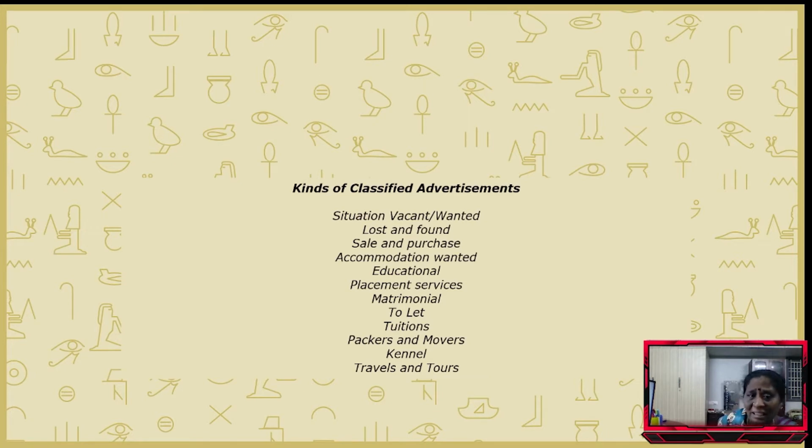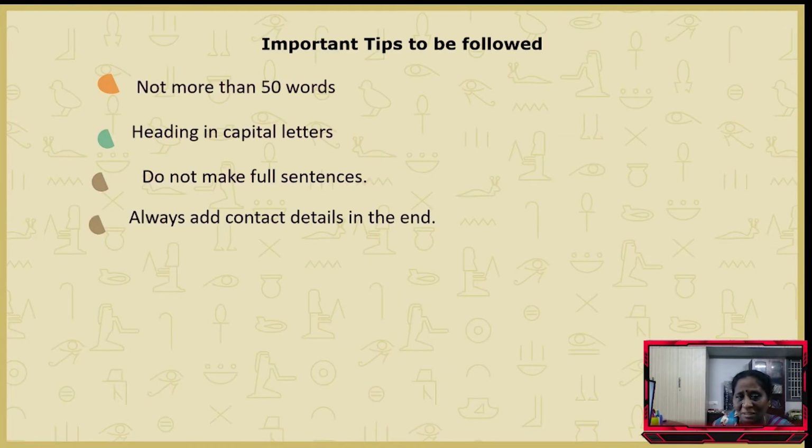Educational, if you want to hire a private tuition teacher, or a placement service, if you have a placement service and you find people for some companies, etc. Packers and movers, kennel for pets, travels and tours.